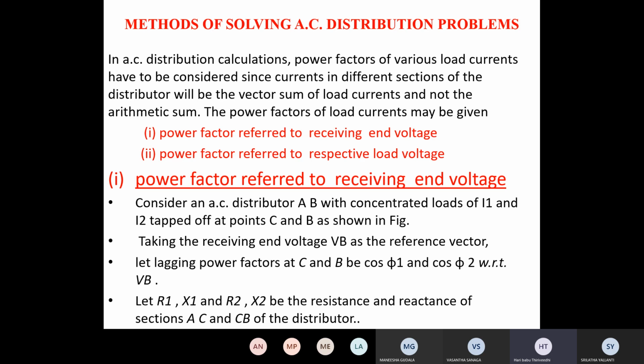Radial is the most simple and economical, and loop type is a bit complex compared to radial type. What about reliability? Reliability in radial type is less, whereas loop type is very high. Cost: radial type is low, loop type is high. Size of the conductor is very small in radial, but high in loop type.